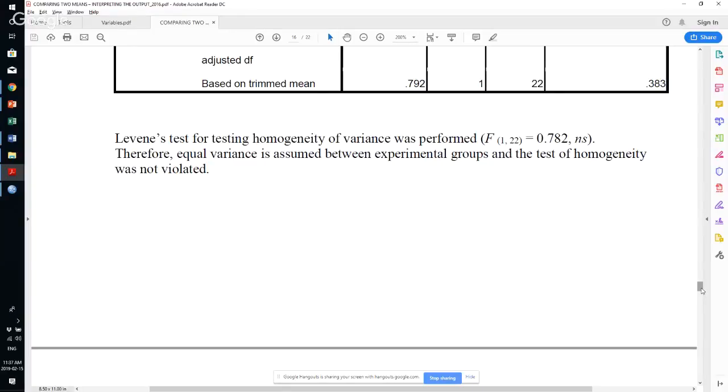For example, for many years, I wondered why Bonferroni was the only post hoc test people used in ANOVAs. Then I found out it's just the default in SPSS. Now they've removed the defaults so that people actually have to think about it, which I think is better. So therefore, equal variance is assumed.